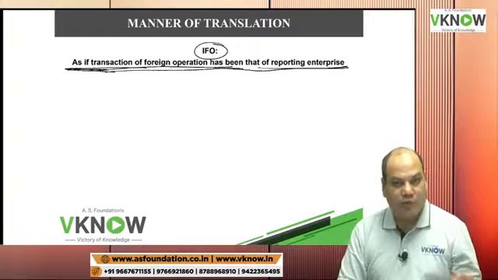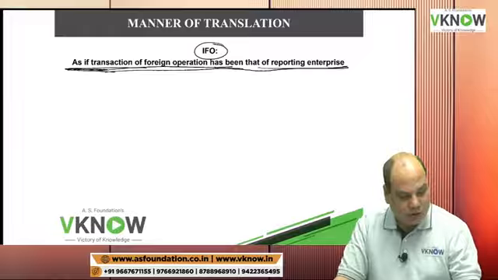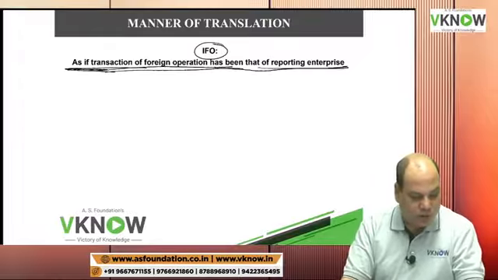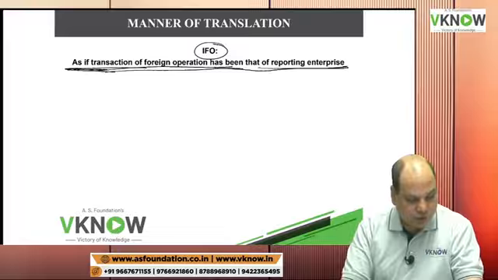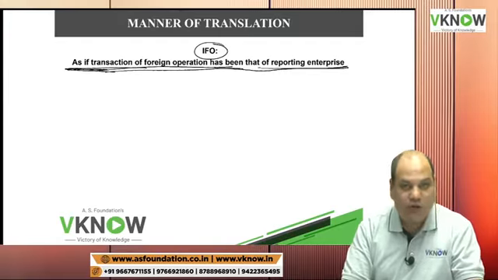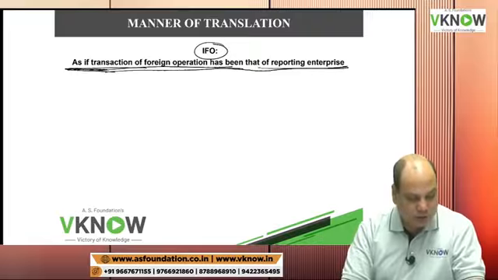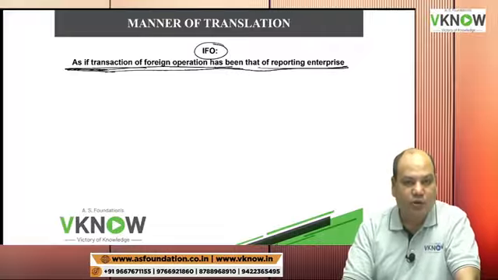Now I will just read from your book, since some of you want me to. There is a table which says: cost and depreciation of tangible fixed assets, date of purchase; assets carried at fair value, date on which fair value is determined; cost of inventory, date on which such costs were incurred; assets shown at realizable value or recoverable amount, date on which such value was determined; contingent liability, closing rate; and resulting exchange difference recognized in the statement of profit or loss.